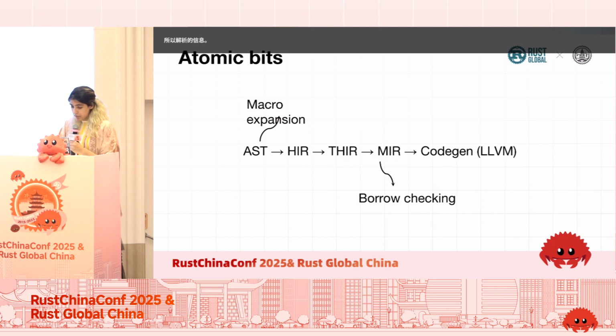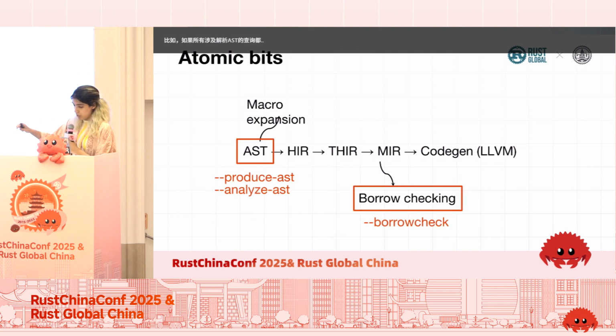For example, all the queries related to processing the AST would be in their own atomic bit. Borrow checking would be its own atomic bit. Kind of like leveling what the compiler does into a directive and then having that directive saved along the incremental information.